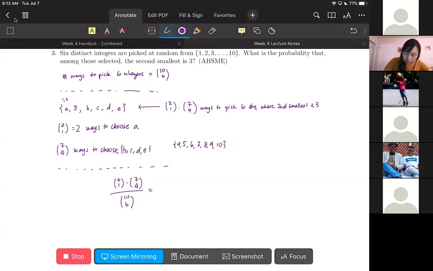And if we simplify this, we get 2 times 7, 6, 5, 3, 2 over 10, 9. I'm going to write this as 7 choose 3, write this as 10 choose 4, 10, 9, 8, 7 over 4, 3, 2, 1.